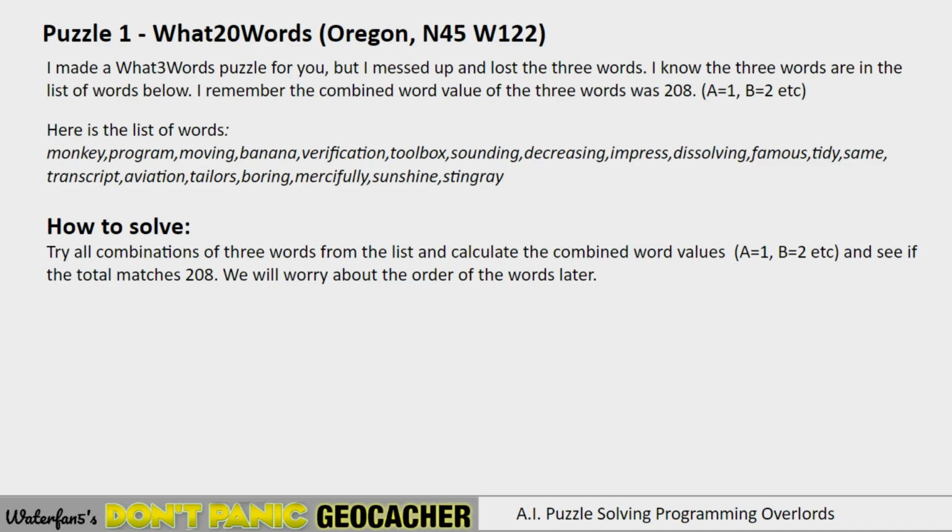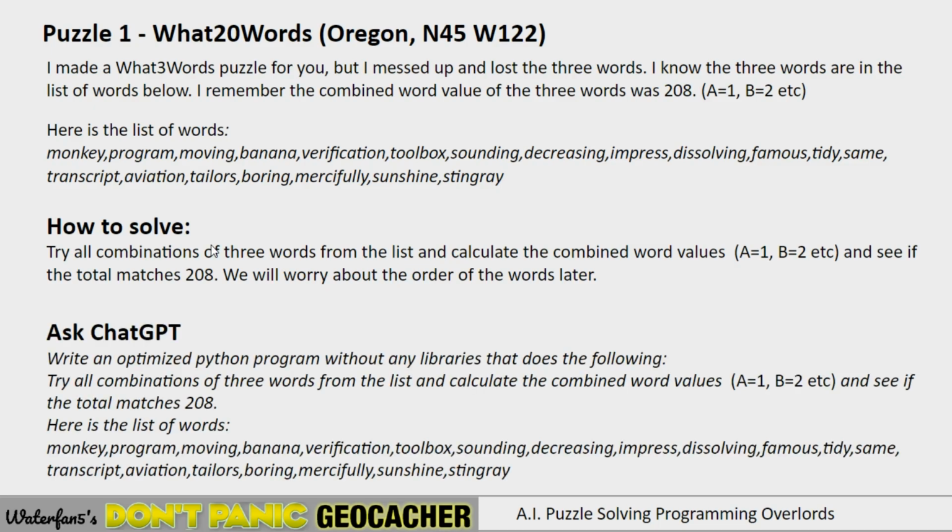And this is what we're going to ask the AI to do. And here is the syntax that I would use. I start with a single line, and you will see me using this over and over in this presentation. It is: write an optimized program in the language, so in this case Python, without any libraries, and I will explain later why I added that.